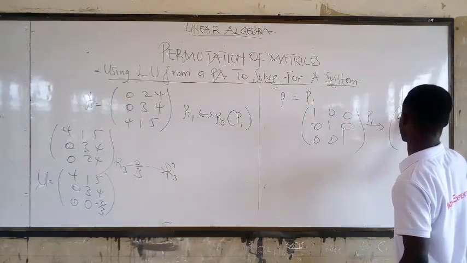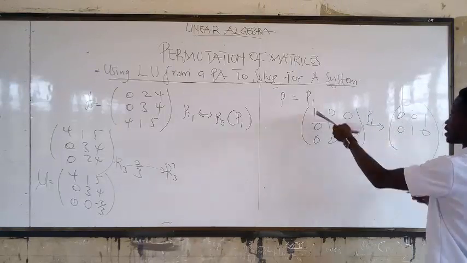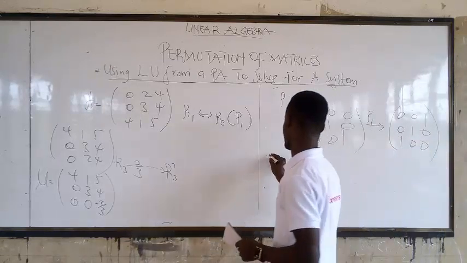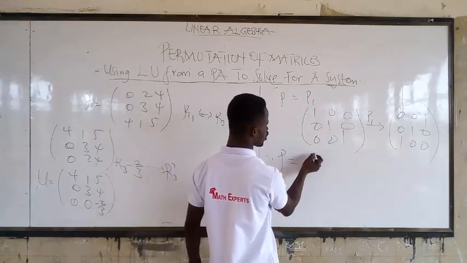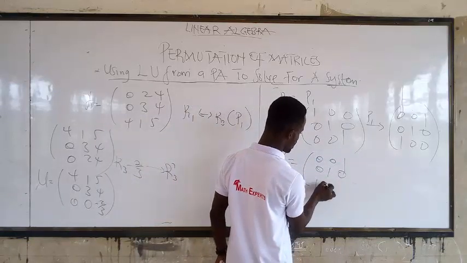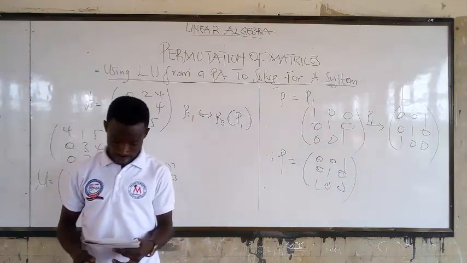So you get 0, 0, 1, 0, 1, 0, no problem here, and the first will come here, 1, 0, 0. Alright, so therefore our P is equal to 0, 0, 1, 0, 1, 0, 1, 0, 0. That's going to be our P.